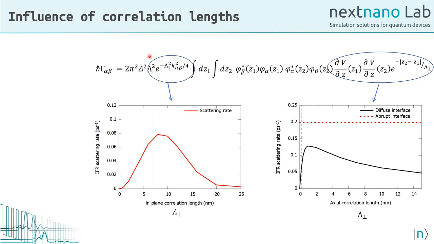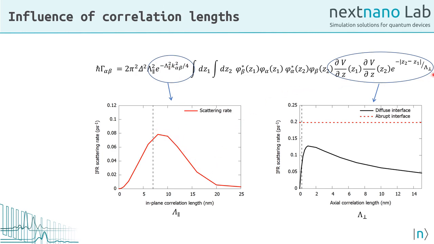So we have this dependence where we have an increase here because of this lambda squared term, and then we have a cutoff here, which happens when the in-plane correlation length matches the inverse exchange momentum, and then a decrease.